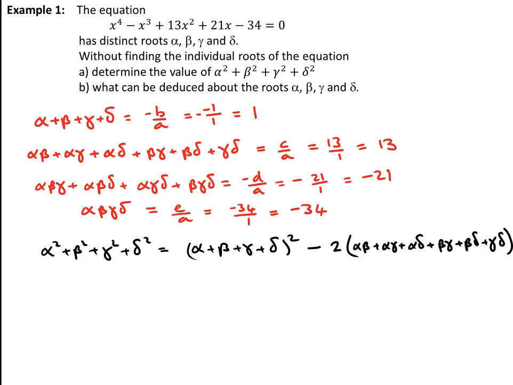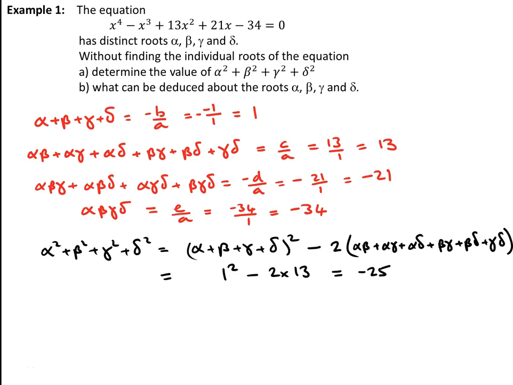In other words, we know that alpha plus beta plus gamma plus delta is 1, and we know that alpha beta plus alpha gamma plus alpha delta plus beta gamma plus beta delta plus gamma delta is 13. So in other words, we've got 1 squared, take away 2 times 13, so that is minus 25.